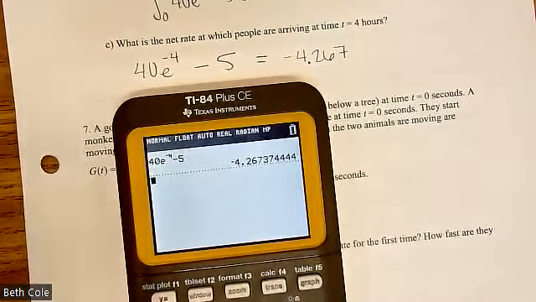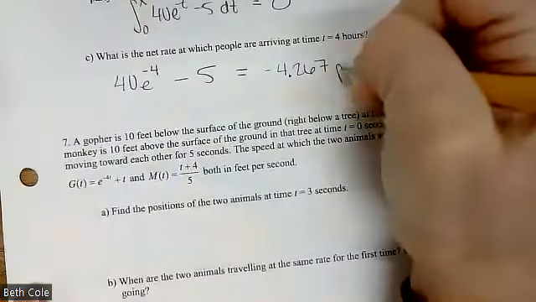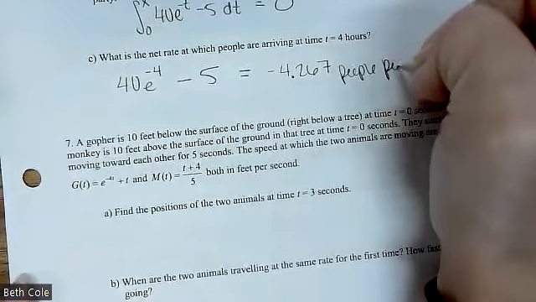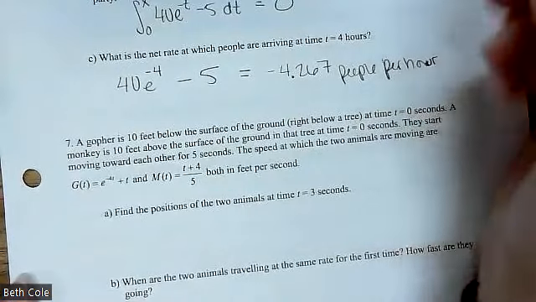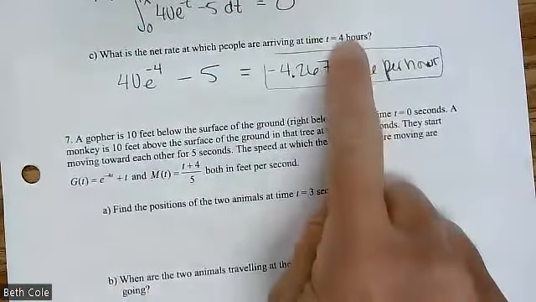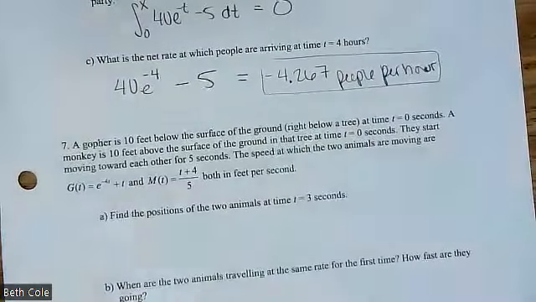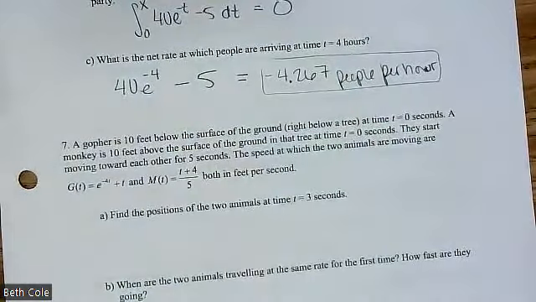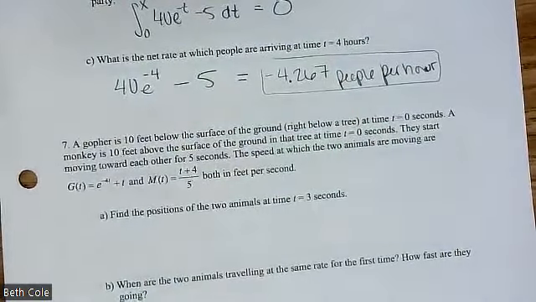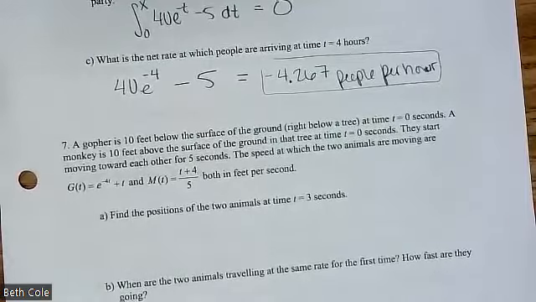If it's a rate, people per hour. And follow-up question, since that rate is negative, what does that mean is going on at time 4 hours? Because sometimes they ask you to explain what's going on at time 4. People are leaving faster than they're coming in. They like for you to compare them. They do that all the time. So at time 4 hours, everybody's on their way out.